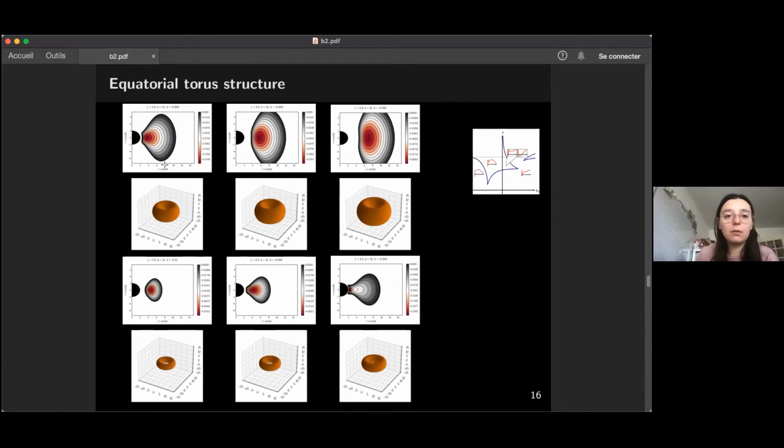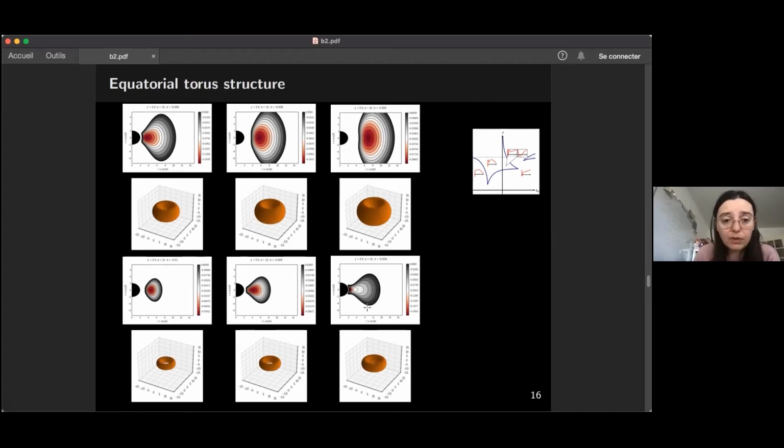Here we fix the other parameters and just vary E, and when we increase the value of the charge or diminish the value of the electromagnetic field, we can see that the maximum of pressure is pushed away from the black hole, and the shape of the disk is also changing a little bit.